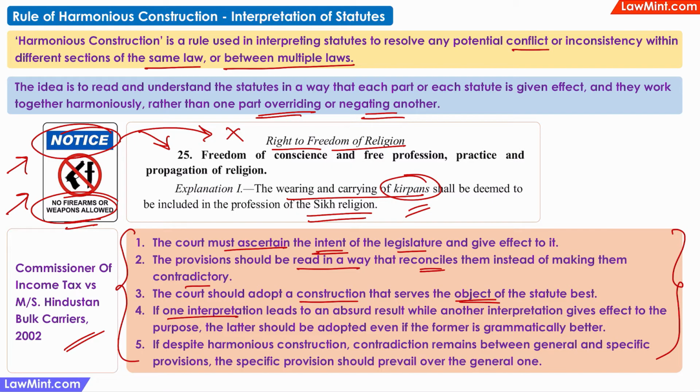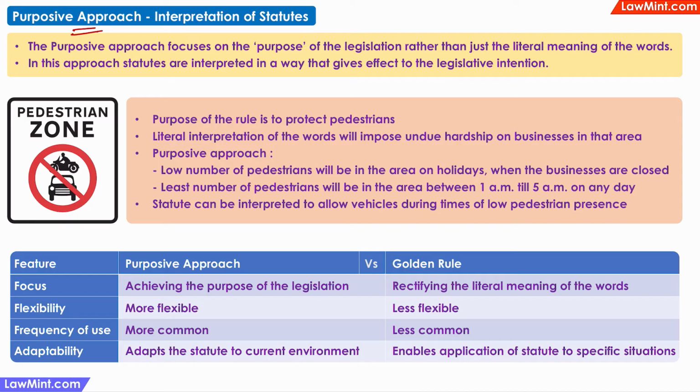If one interpretation leads to an absurd result, while another interpretation gives better effect to the purpose of the statute, then the latter should be adopted, even if the former is grammatically better. If, despite harmonious construction, contradictions remain between the general and specific provisions, then the specific provisions should prevail over the general ones.